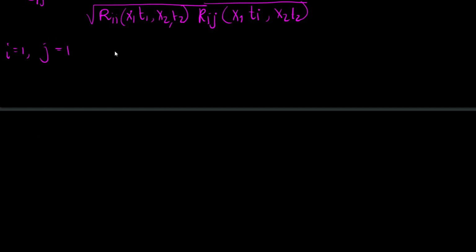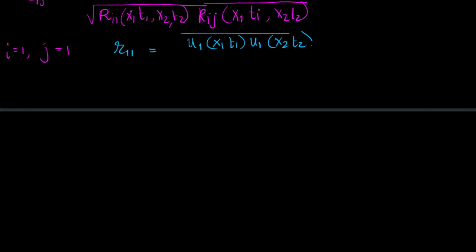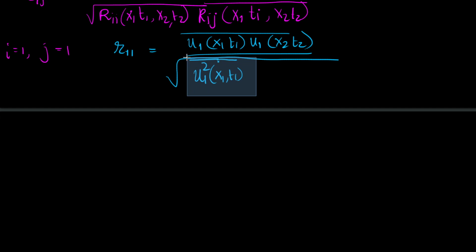In that case, we have R11 is equal to the ensemble average of u1(x1, t1) u1(x2, t2) divided by the square root of the mean of u1 squared at (x1, t1) times the mean of u1 squared at (x2, t2).